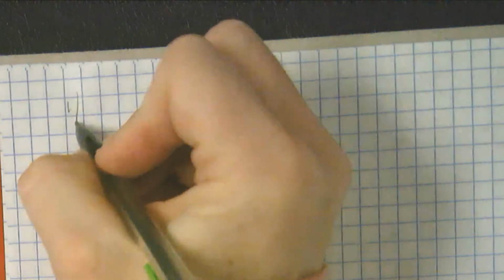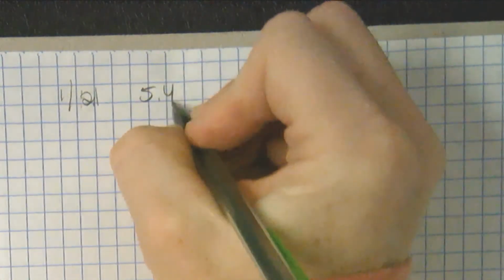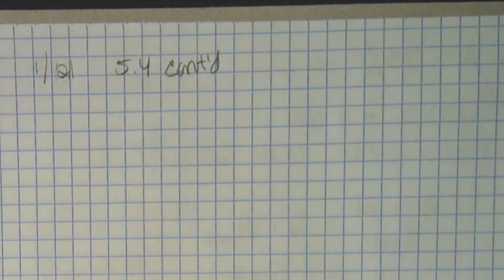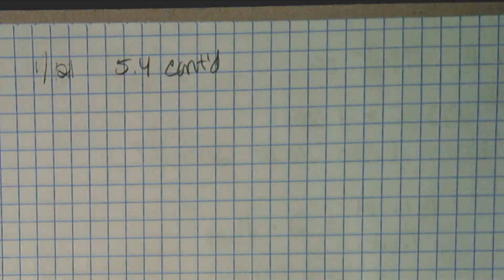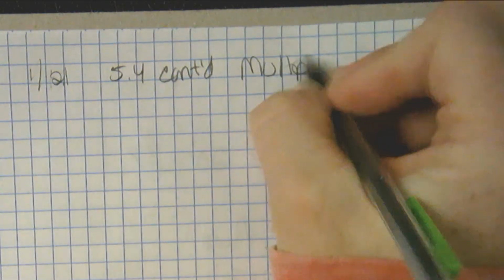All right, so today is the 21st, January 21st. We are still in Chapter 5, Section 4, continued. So this should be like the next day of notes from Friday, which is what you took in your notes. And we're multiplying fractions.